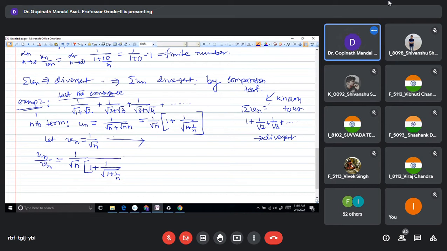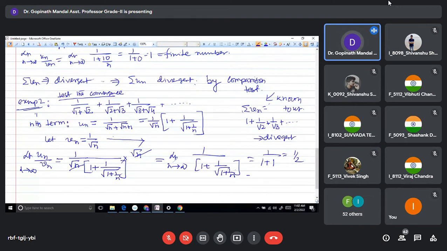This is Un by Vn. Now 1 by root n and 1 by root n cancel, and this will be the limit as n tends to infinity of 1 by 1 plus 1, which is half. This is a finite number.